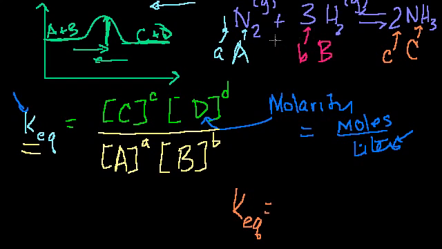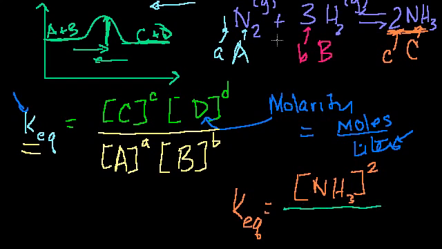So what I would do is I would take the products. The only product is ammonia, NH3. I raise it to the power of the number of moles produced for every 1 mole of nitrogen gas and 3 moles of hydrogen. So I raise it to the power of 2. And I divide it by the reactants.